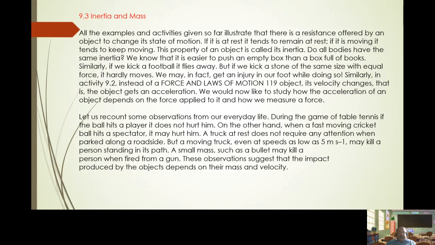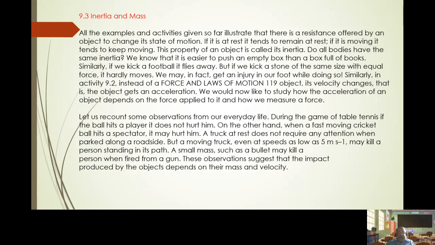Let us recount some observations from day-to-day life. During the game of table tennis, if the ball hits the player, it does not hurt him. On the other hand, when a fast-moving cricket ball hits the spectator, it may hurt him.